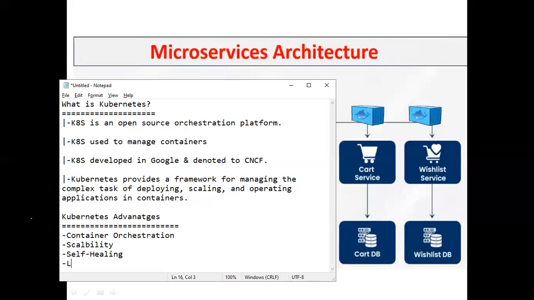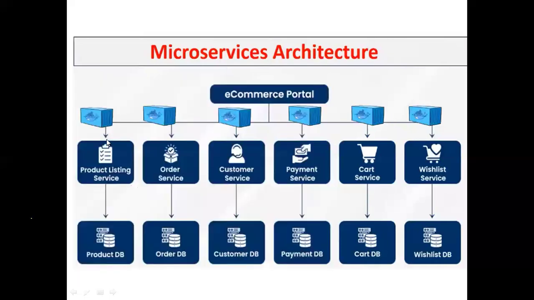The next advantage is load balancing. Whenever customers send requests, the application load will be distributed among the containers. Suppose your application is running in multiple containers. Suppose product listing is running in 10 containers.